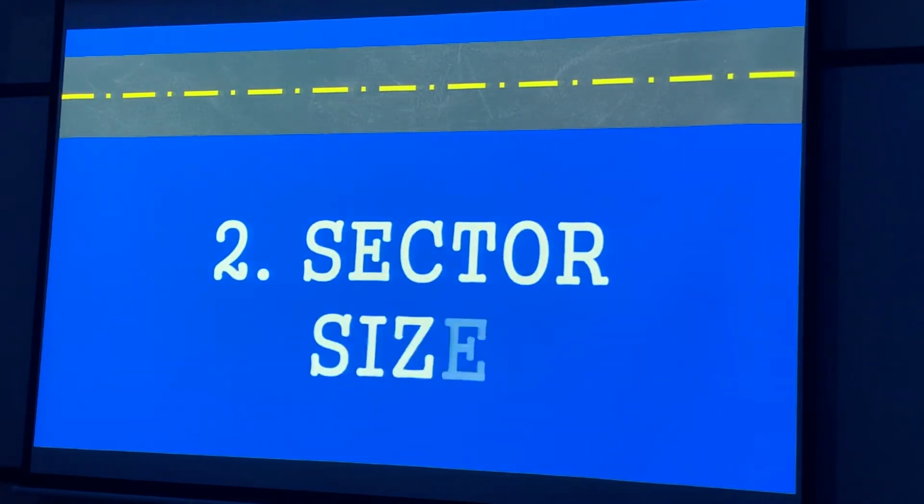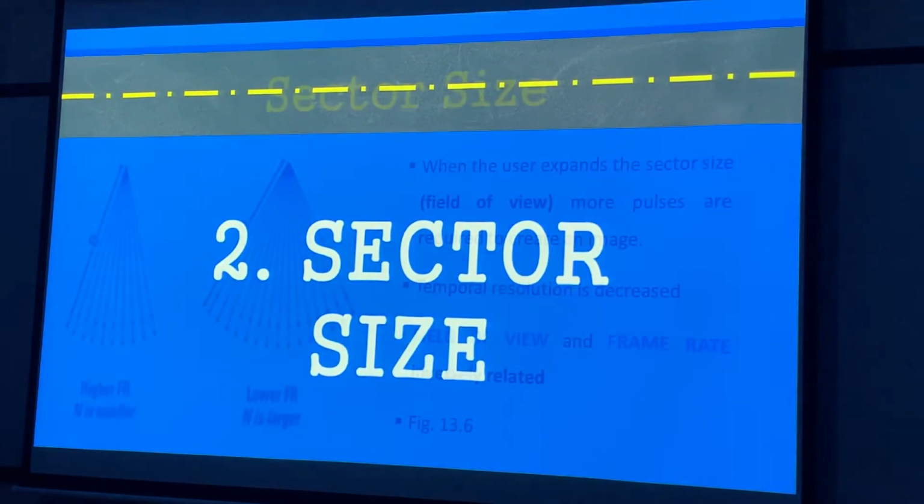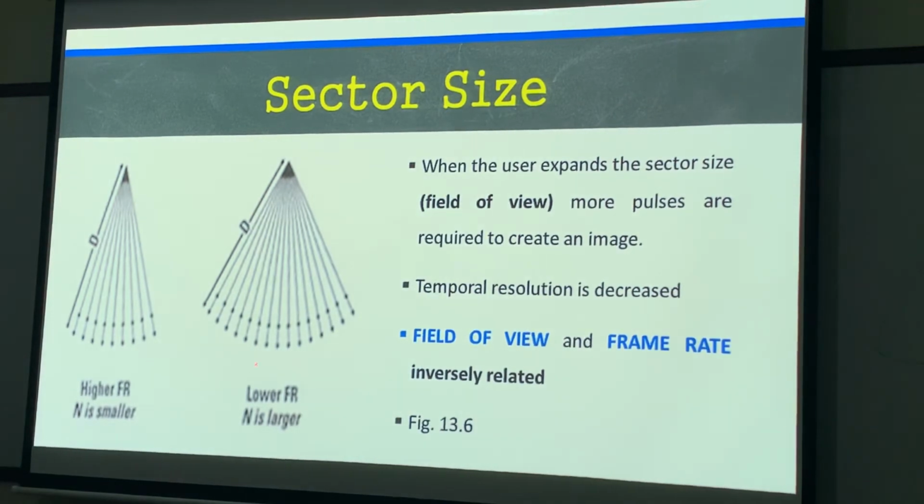Okay, so sector size, guys. Remember, that's a button right on the front screen, the middle button on the IU-22. You can change the sector width, sector size, it's the same thing. We have a wide sector right there, and a narrow sector right here.